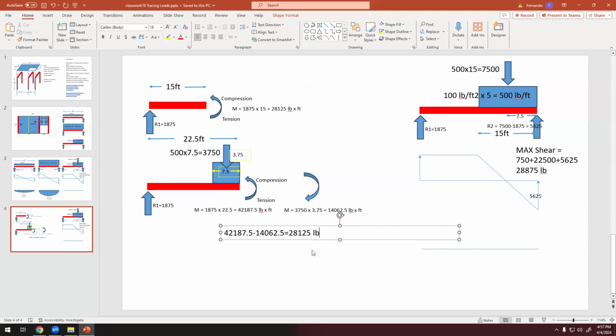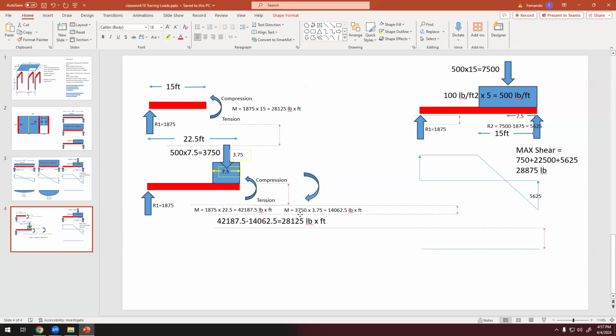Units, pound times foot. That's the bending moment here. Which, look at this, and look at this.